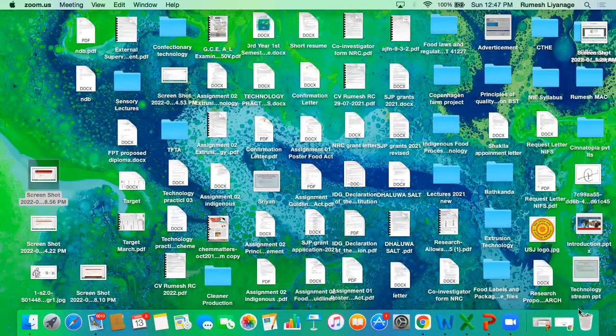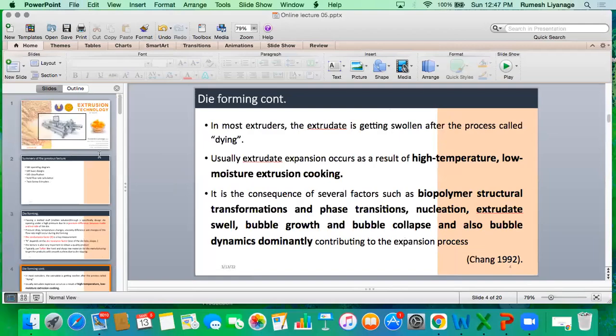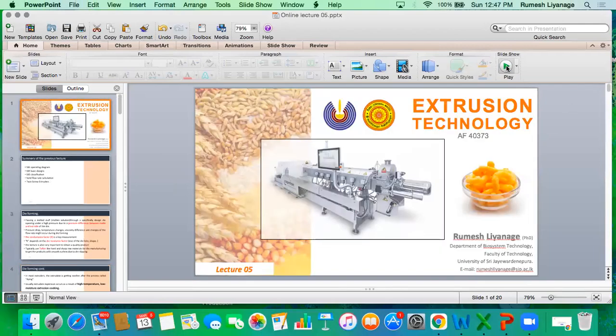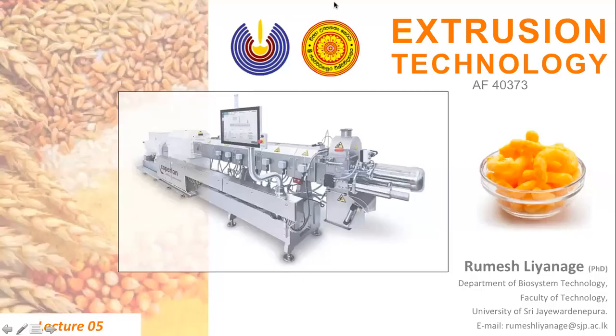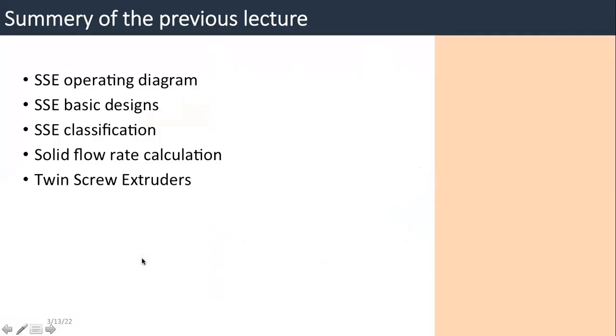Then we have a few minutes, so we can start the next one also. Right now we can start the fifth one. So we have discussed the operating diagram, basic design, classifications also, and solid flow rate calculation and twin screw extruder.